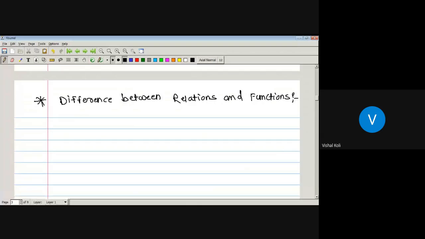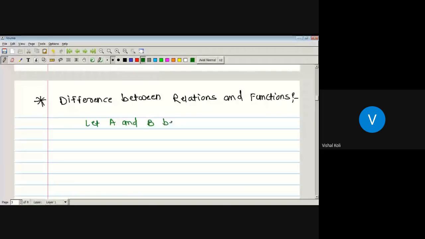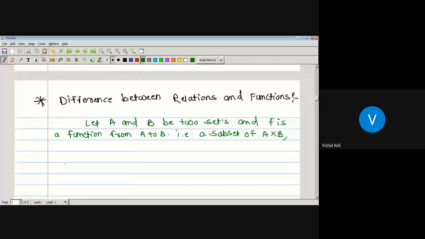Let A and B be sets and F be a function from A to B, also a subset of A cross B, satisfying the following conditions.